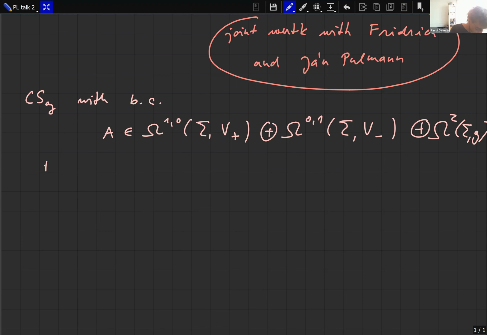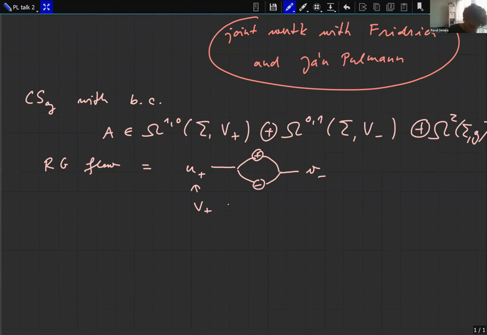So the RG flow should be given by that expression that I gave you before, where this sits in V plus and this sits in V minus.